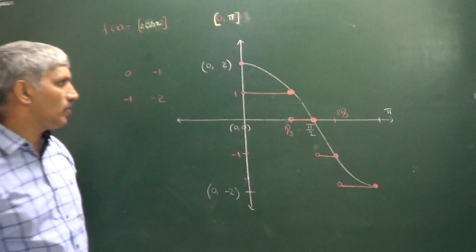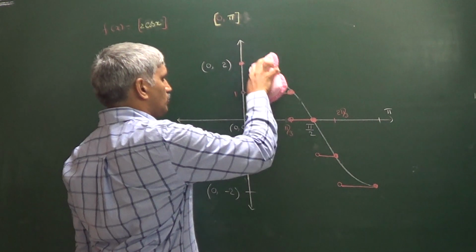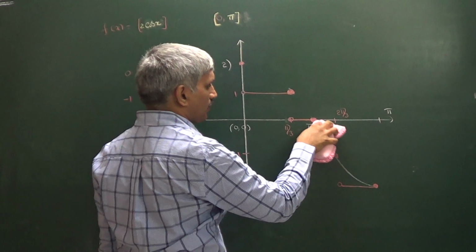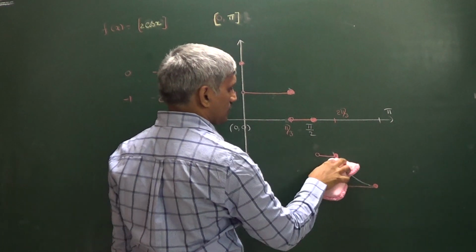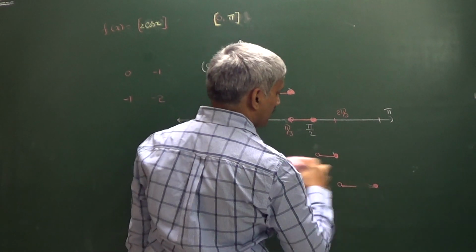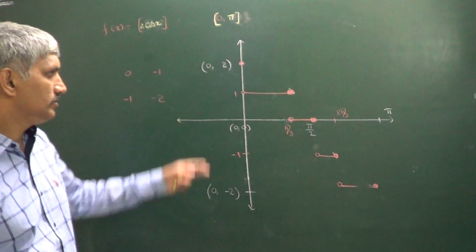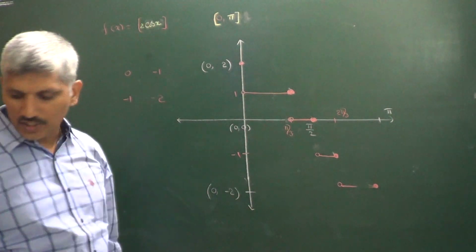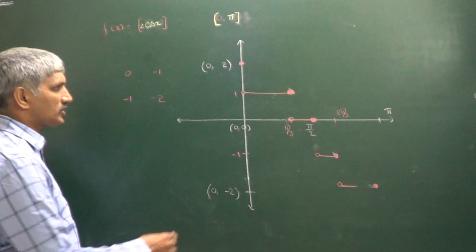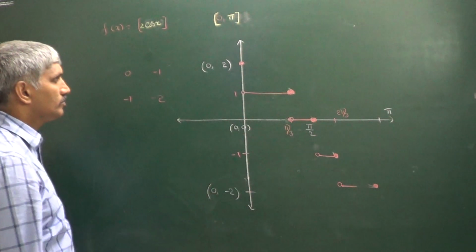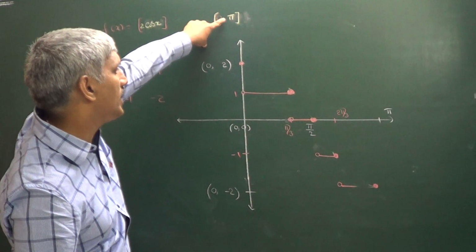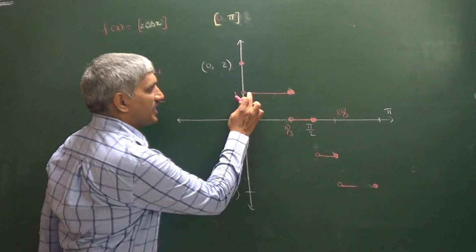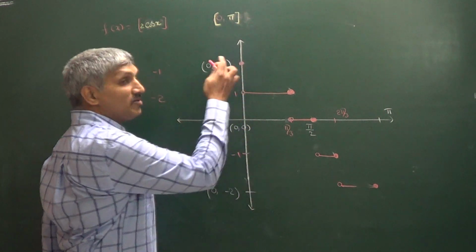Suppose if I remove the white diagram, so this portion if I remove, we will get the graph of integral part of 2 cos x. That is the graph of integral part of 2 cos x. This is the graph we got, right? So where is the function discontinuous? The function is discontinuous at 0, because you see, 0 plus case we are getting 1, but at 0 we have 2.